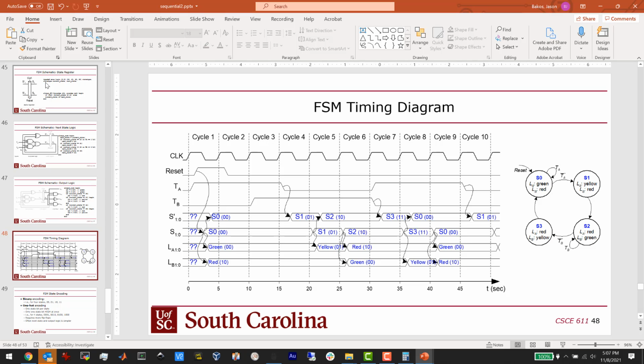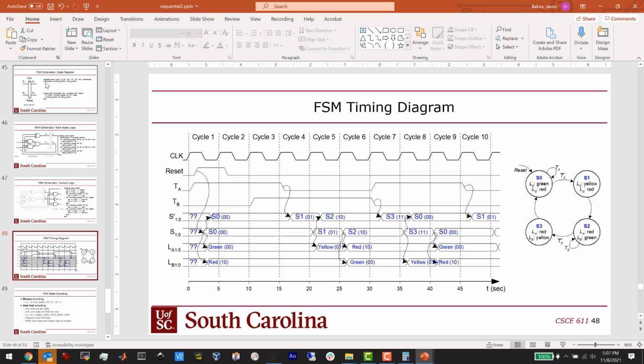And so what's happening here is that we start out with the reset pulse, which puts us in state S0. Now S prime is the next state, and S is the current state. So we should be looking at S to figure out what our current state is. Our current state is S0, and we're going to stay there until our academic traffic goes away.